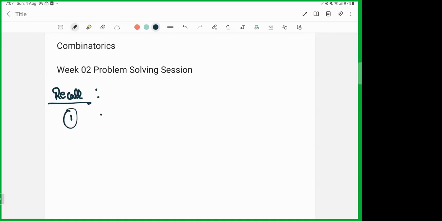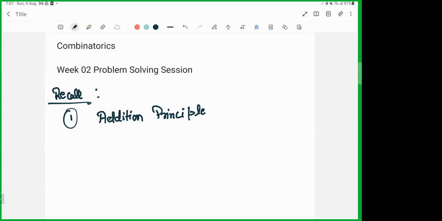So things done in this week is addition principle. I will just quickly recall what this is. I'm not going to say in much detail. So what is addition principle? It says that if A1, A2, A3 are all disjoint subsets, then cardinality of A1 union A2 union AK is the sum of their cardinalities.